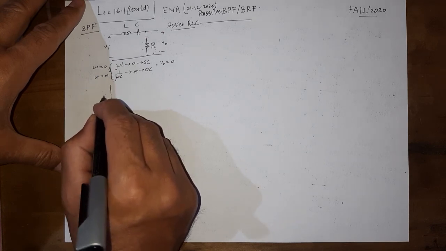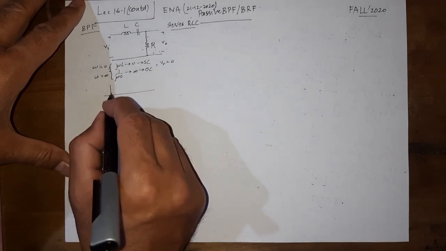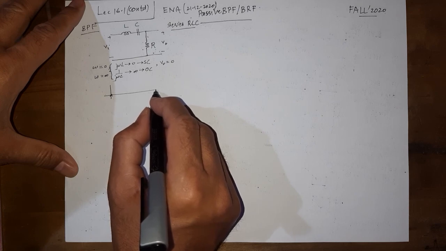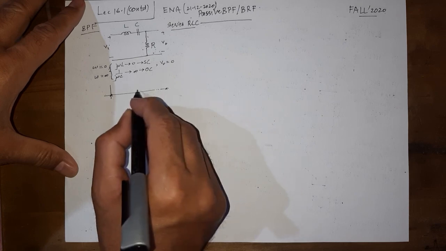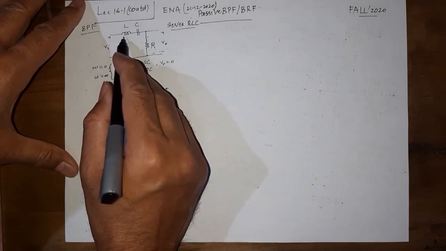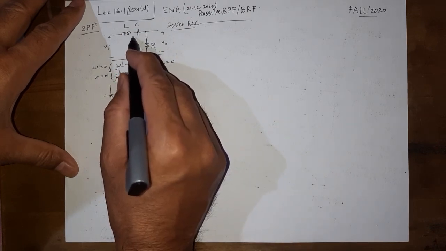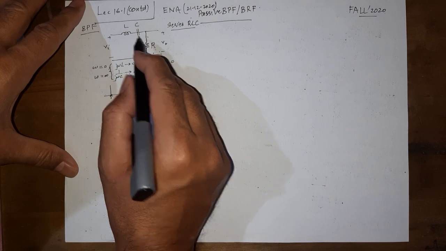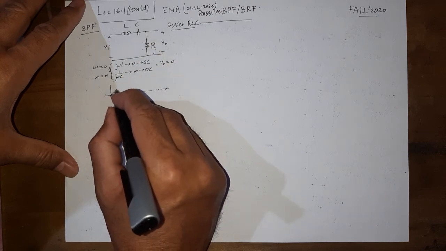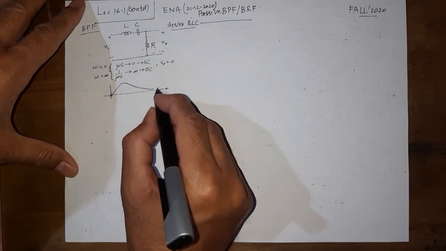So if at omega equal to 0 it will be 0, and at omega equal to infinity it will be 0, then obviously there will be an omega where this value would be maximum.